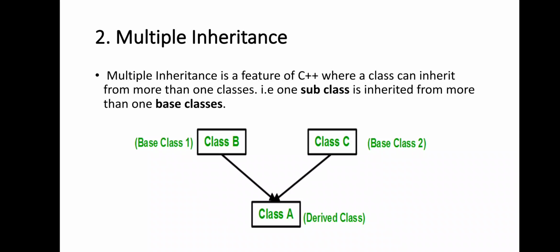Now, second is multiple inheritance. Multiple inheritance is a feature of C++ where a class can inherit more than one class, from more than one class.